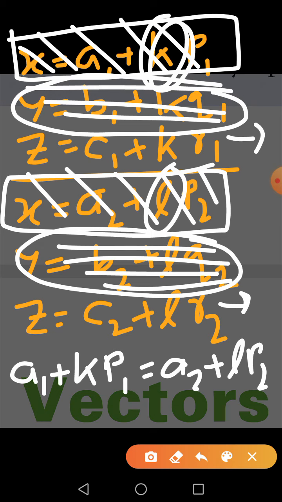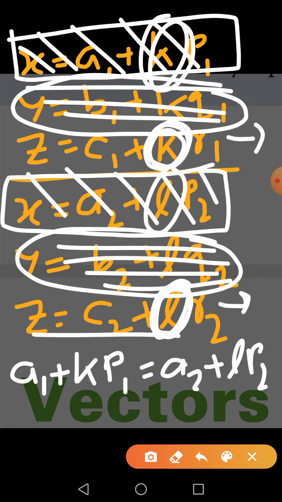We will put the value of k over here in the equation of z and the value of l over here in the equation of z. Now, if the z values in this case appear to be equal, like the z value here and the z value here, they appear to be equal for sure.